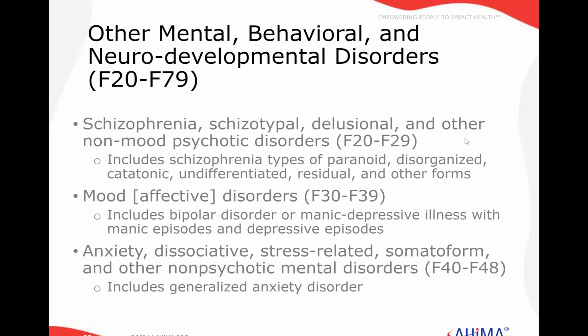With depression, depression would be the main term, and then the subterms would describe whether it's bipolar, manic depressive, and so on. Another main term you may want to use is disorder. For instance, this one, generalized anxiety disorder.